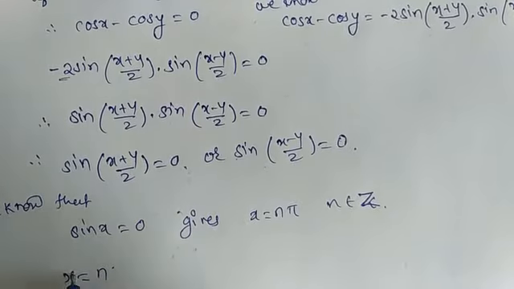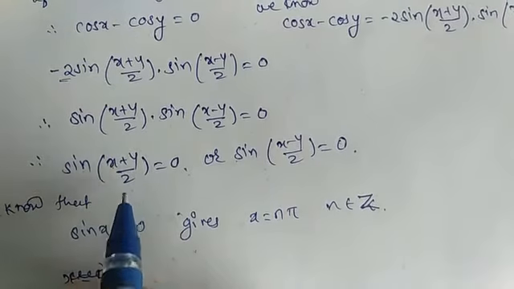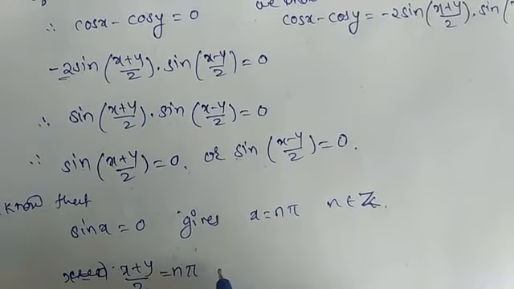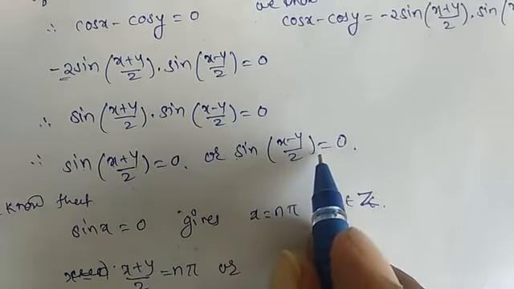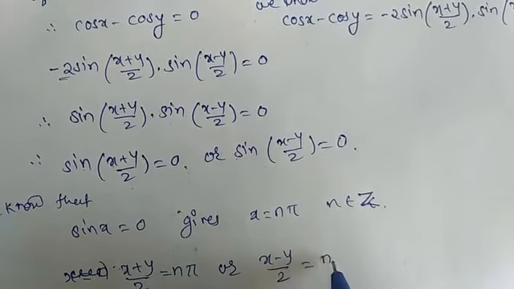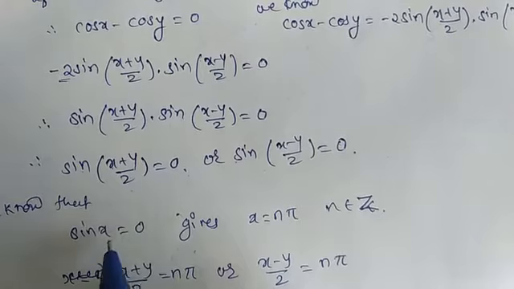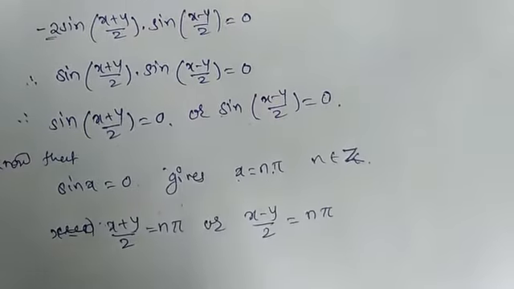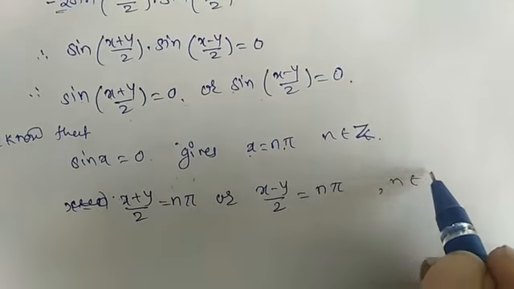Sorry, here x is (x plus y) upon 2. So (x plus y) upon 2 is equal to n pi, or for this, its solution will be (x minus y) upon 2 is equal to n pi. Okay, which is the general solution: sin x is equal to 0, x is equal to n pi is the general solution of sin x is equal to 0 for n belongs to Z.